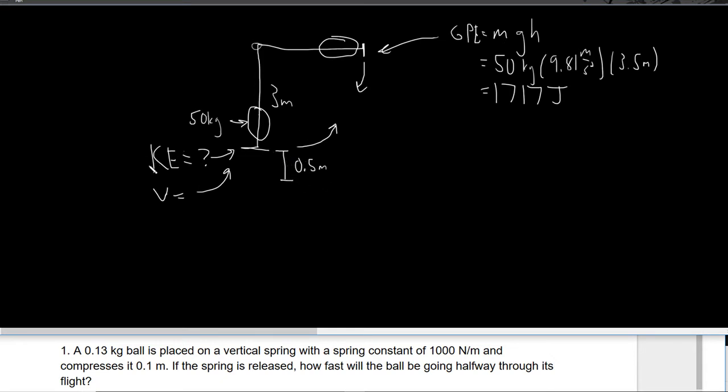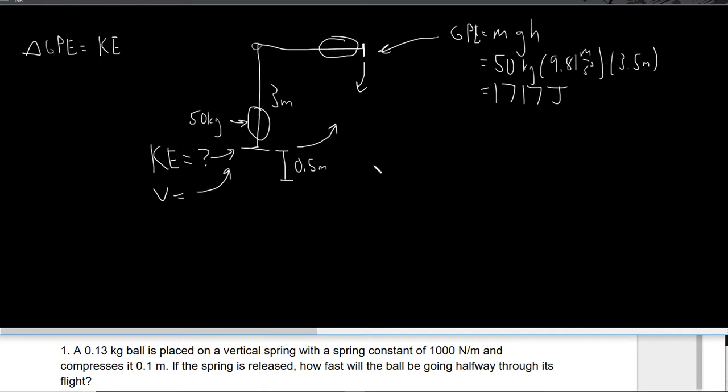So in order to figure out our kinetic energy, we're going to need to figure out our change in GPE, because the difference in gravitational potential energy from the top of the swing to the bottom will equal the amount of kinetic energy gained by the swing at the bottom. Just to let you know where we're going here.